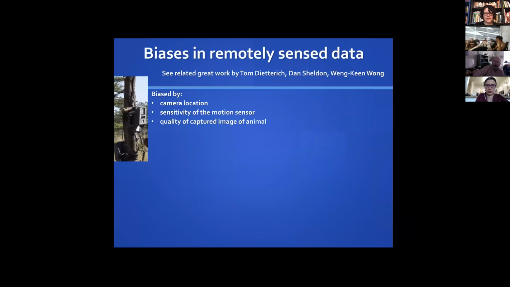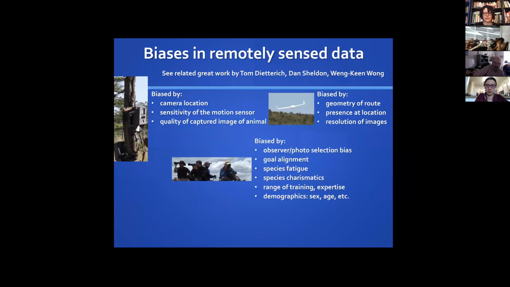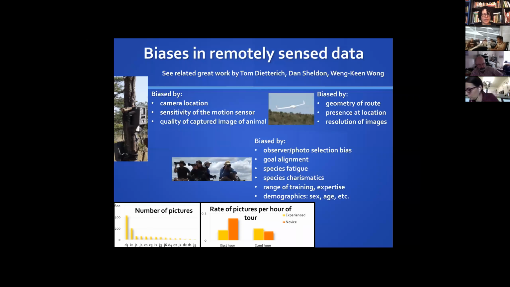But of course, every source of data is biased. Camera traps are biased by location, drones by the geometry of the route, and any human observer is biased in many different ways. We've explicitly looked at the biases of photographs coming from tourists: within the same car on the same tour, people take anywhere from 400 to 2 pictures. Some take only pictures of big cats, others only of birds; they're birders.